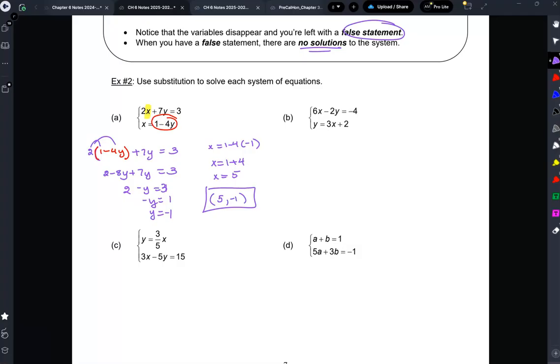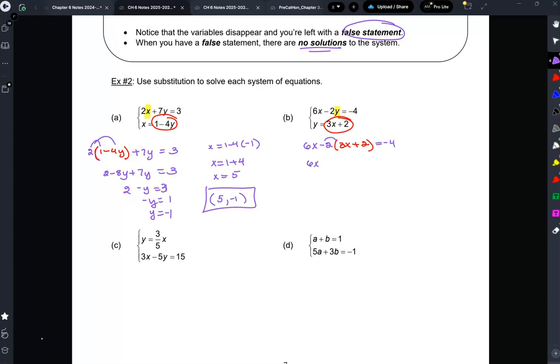Okay, so let's do this one. Y is solved for me. So I'm going to put that into here. 6x minus 2 times 3x plus 2 is equal to negative 4.